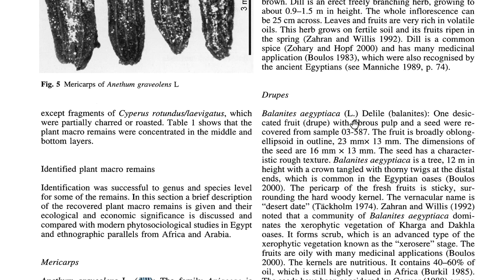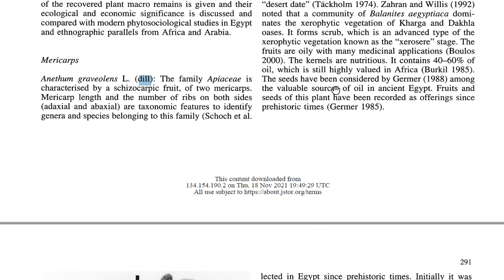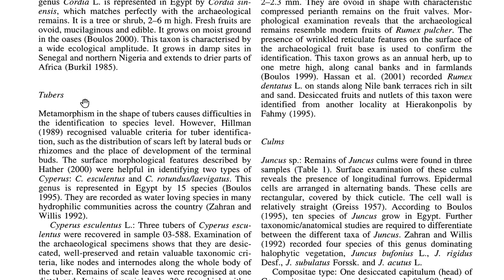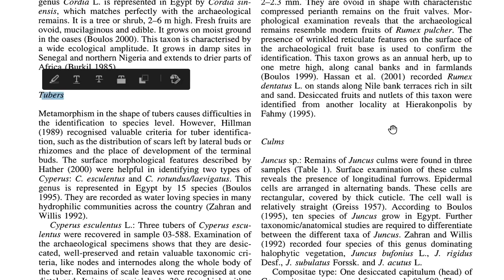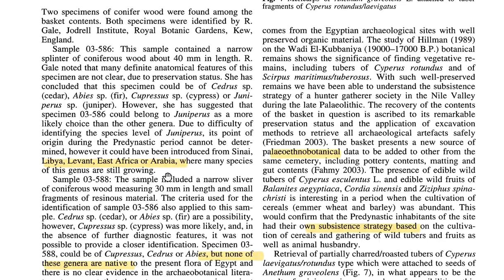And then you've got these drupes, and it tells you what those are. And of course, what they talk about here is the valuable sources of oil in ancient Egypt. And then you've got the tubers, where it talks about the various tubers, and so on. So you can read through all of that.